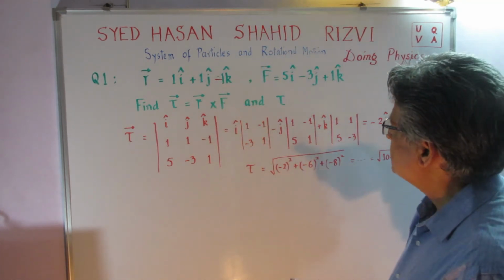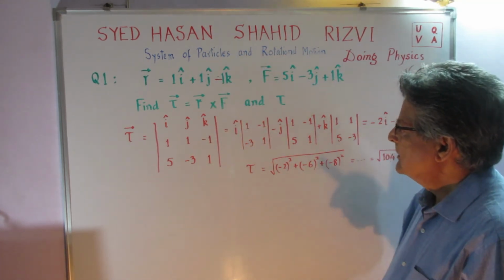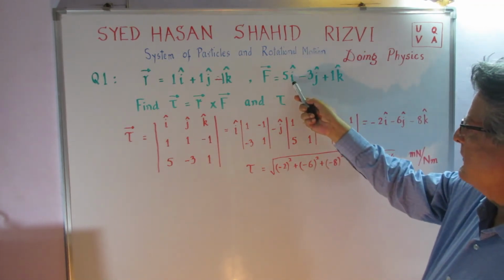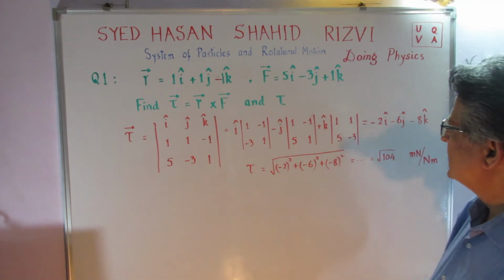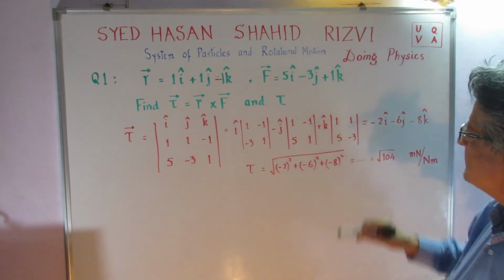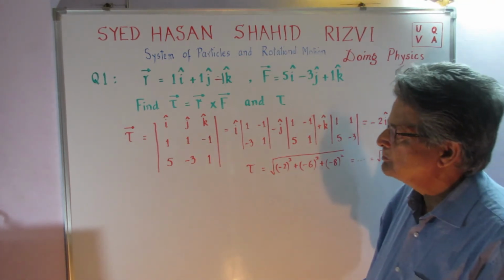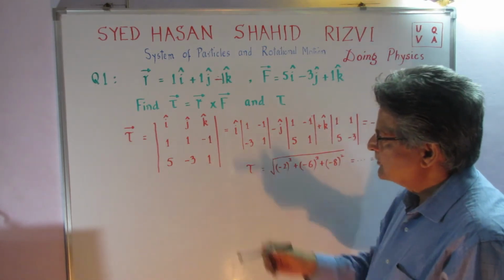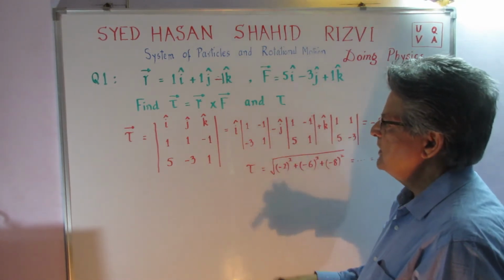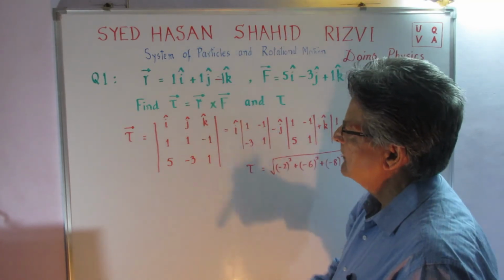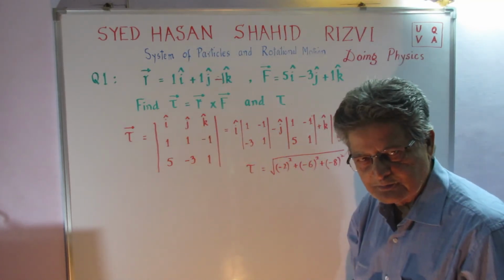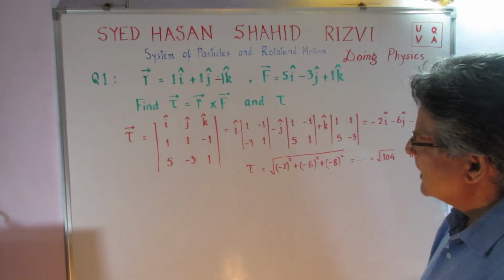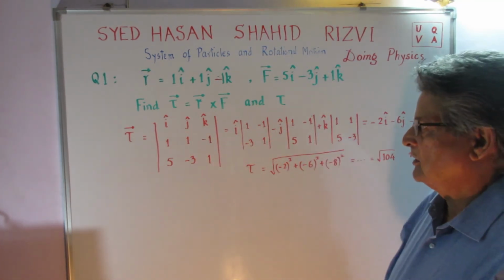And a force is applied on the system, 5 i cap minus 3 j cap plus 1 k cap. So we are asked to calculate, from these data, the torque, which I am defining as r cross F. You must do that, and also the magnitude of the torque.